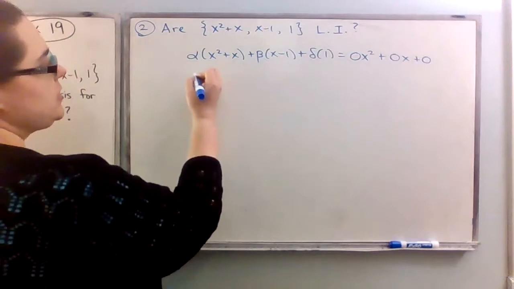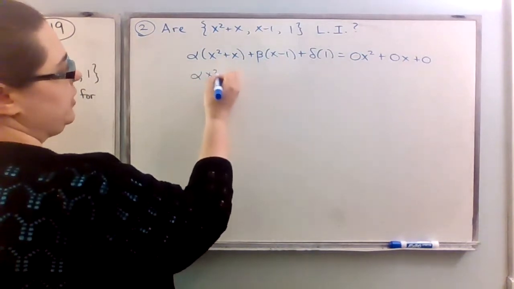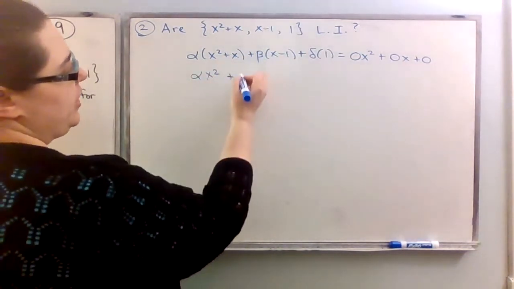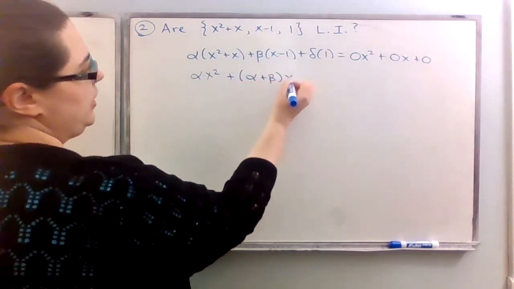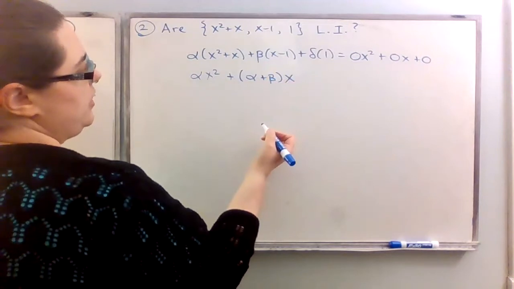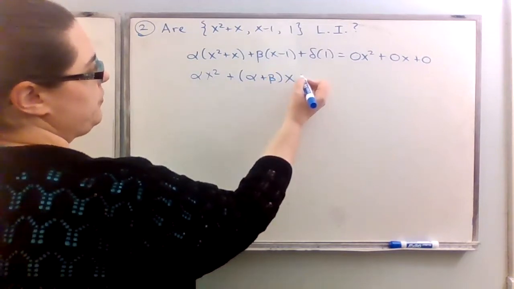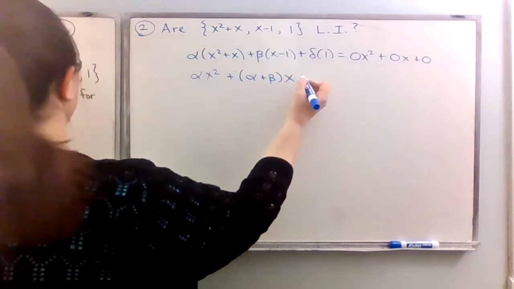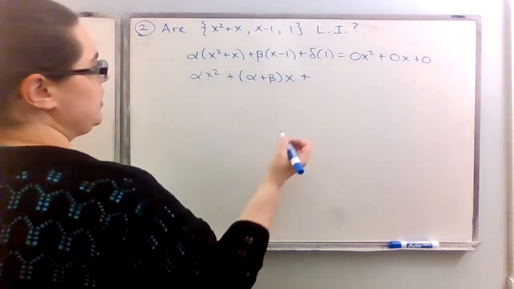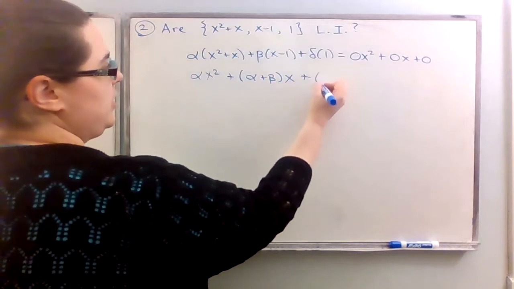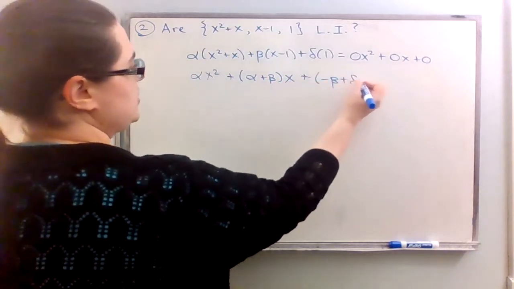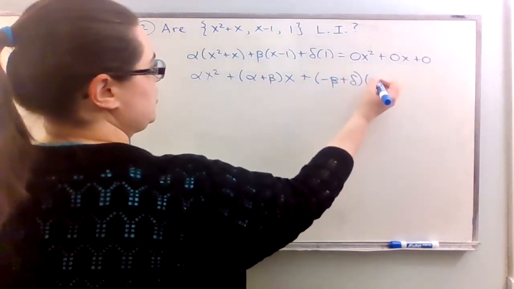So we're going to get still just alpha x squared. And then we have plus alpha plus beta x. And then we have plus, we're going to get negative beta plus delta times 1.